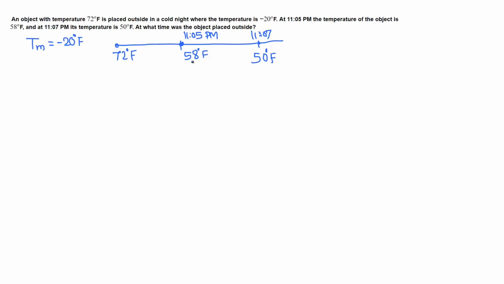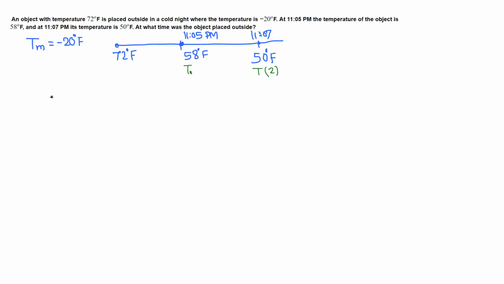Making the other point T naught doesn't help because we don't have the temperature there, and it would be more complicated. So let's say this is T at 0, T0, and at 11:07, after 2 minutes, T2. From this I'll find the rate at which the temperature is decreasing.